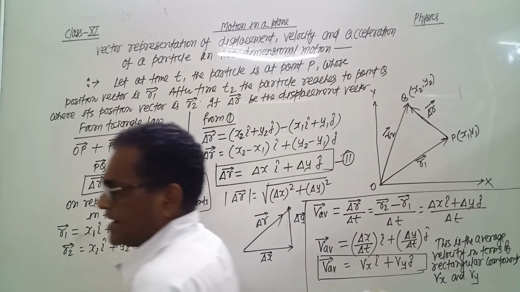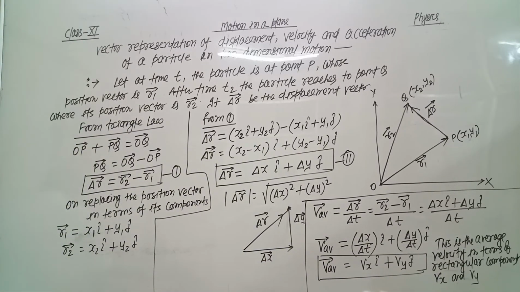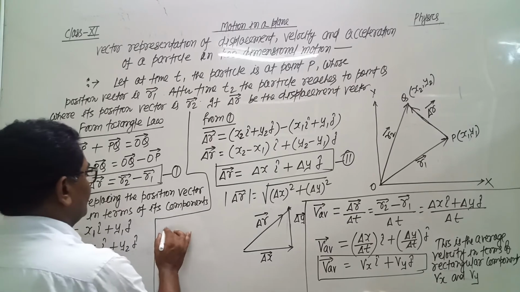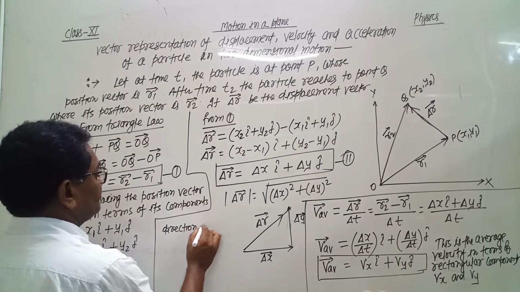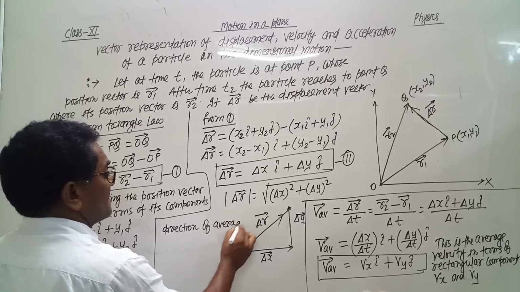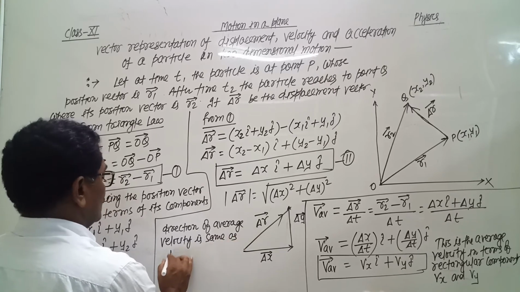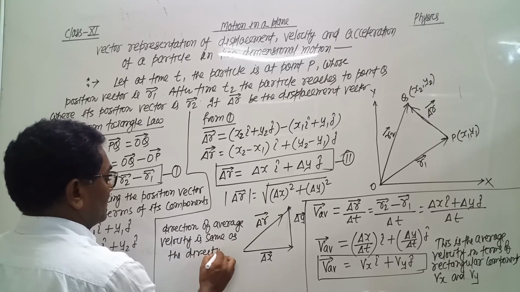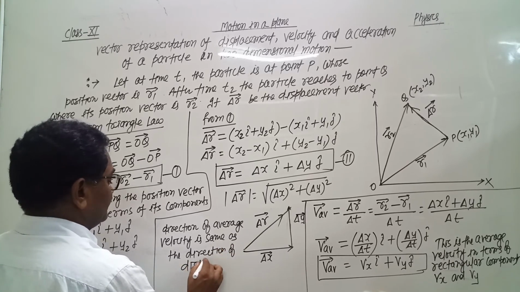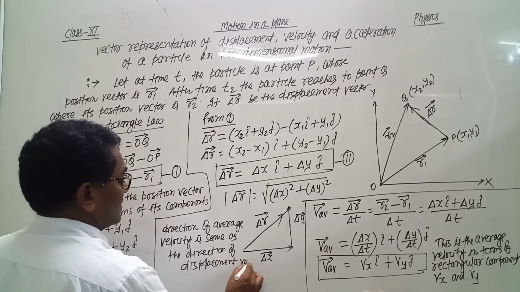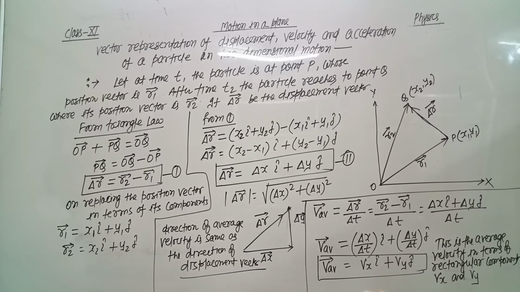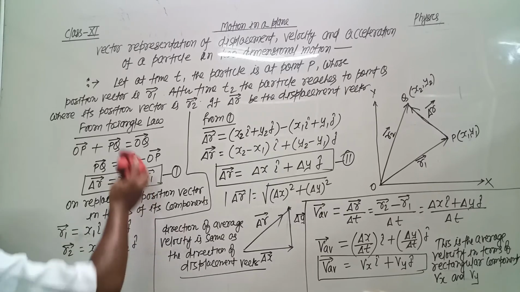Vx and Vy are the rectangular components of the velocity, and the direction of average velocity is the same as the direction of the displacement vector. Now we talk about instantaneous velocity.